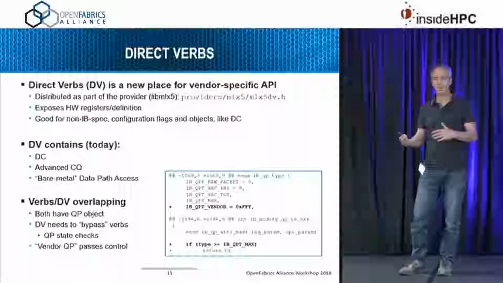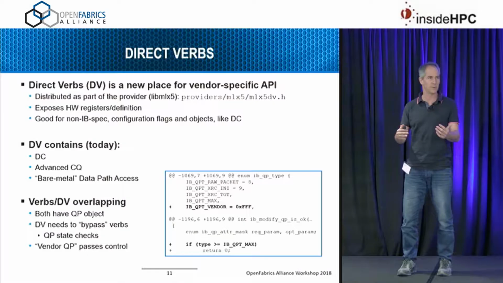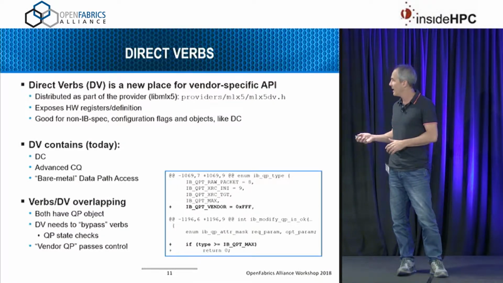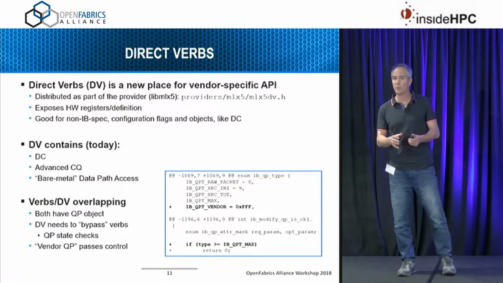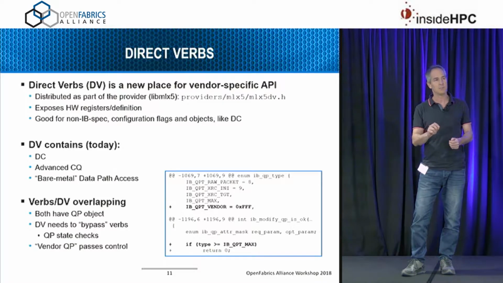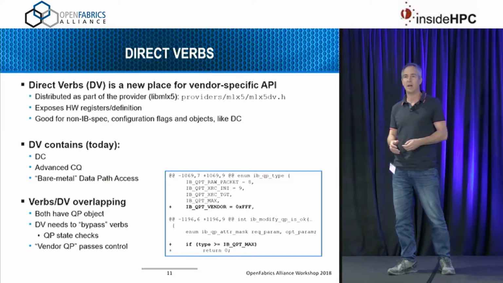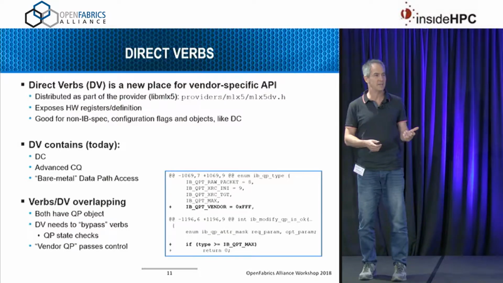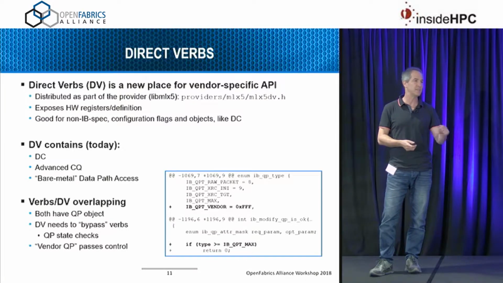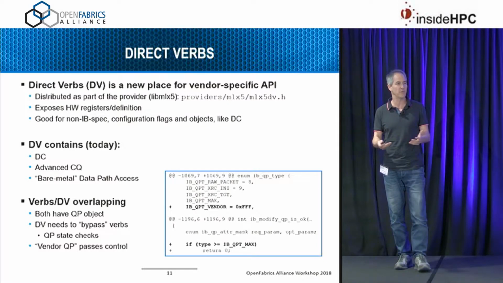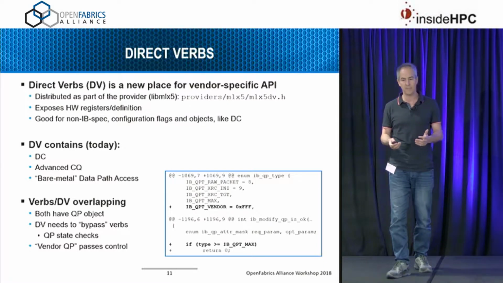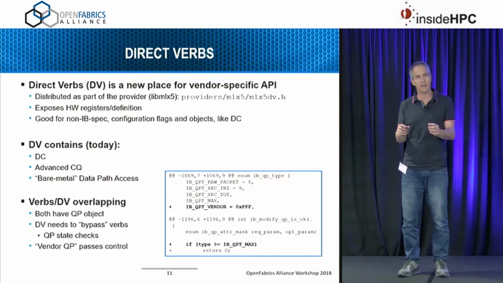So what we did, and not just for DC, it's something that developed over the last couple of years, is that as part of the RDMA core, we wanted to allow hardware-specific tunings for applications to take advantage. If you have specific use cases where you want to optimize the CQ or allow some special feature in the QP, which might be hardware dependent and not necessarily generic for the entire community, we wanted to allow a vendor-specific area to tweak things.